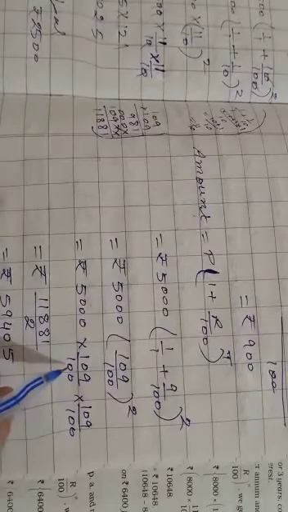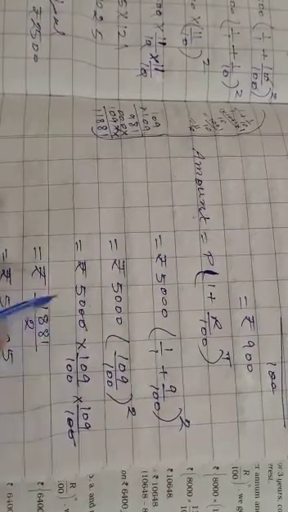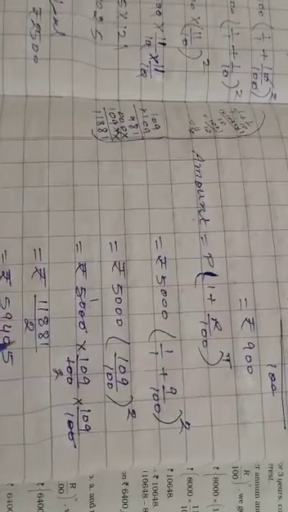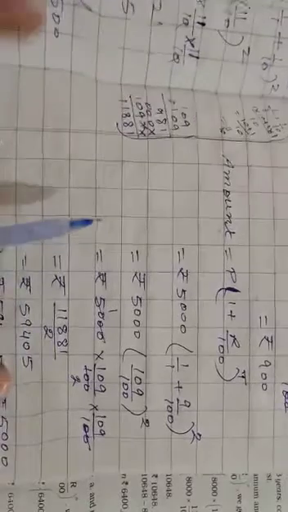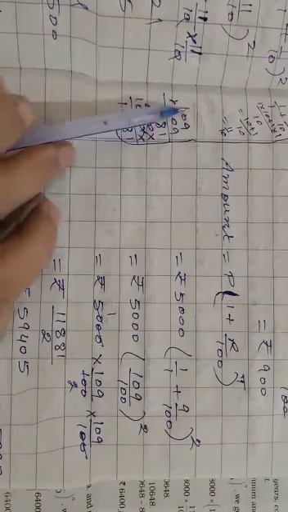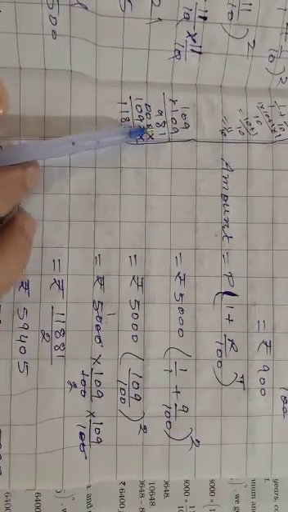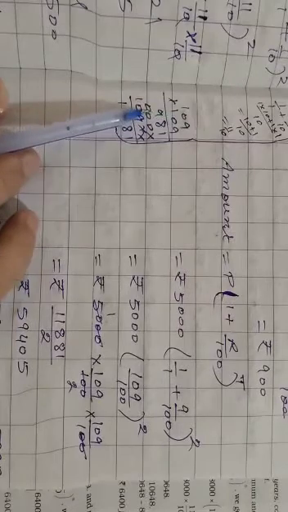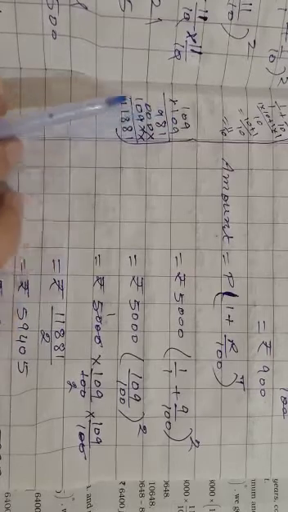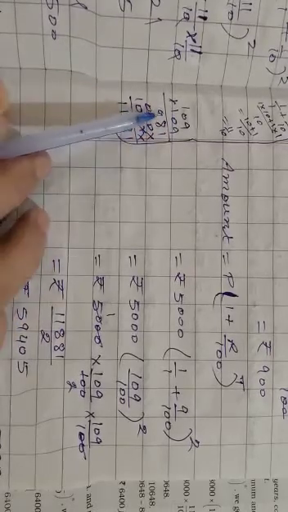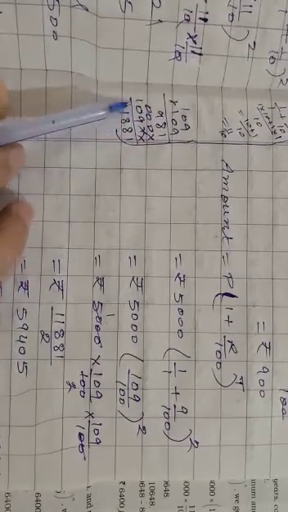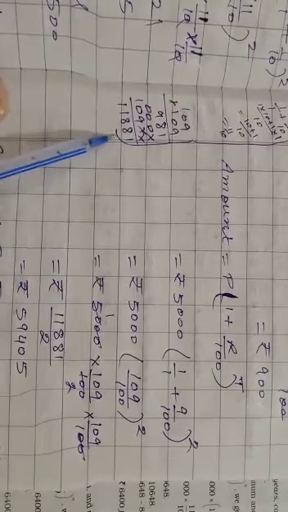Now we calculate: 20 cancel out, 50 1s are 50, 50 2s are 100. Now 109 multiply 109: 9 9s are 81, 9 1s are 9, 0 multiply 9, 0, and so on. Adding up, we get 11,881.